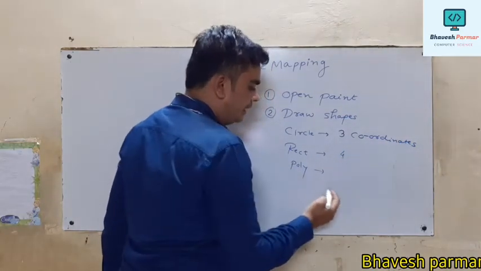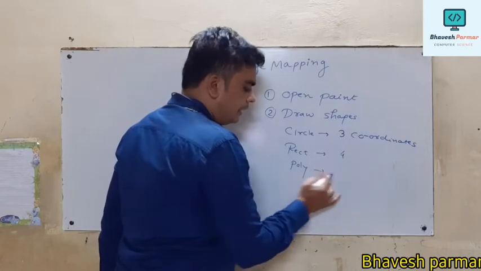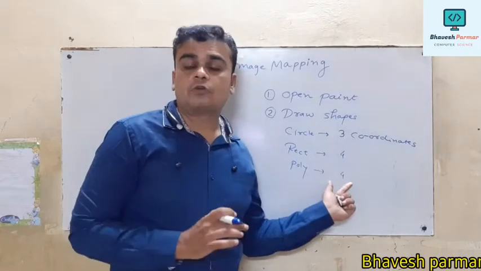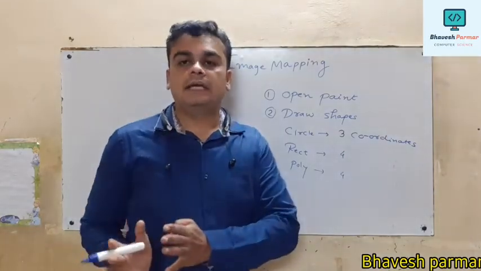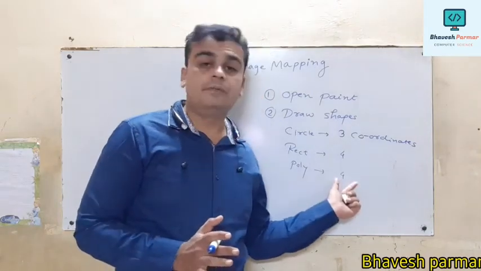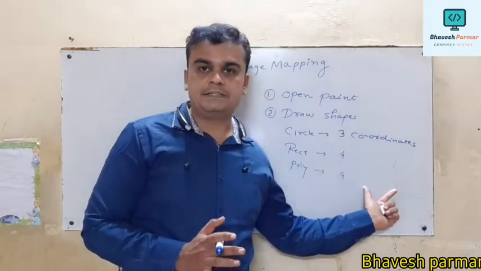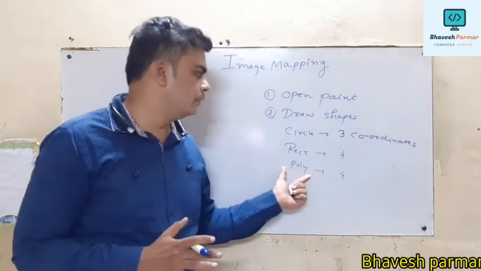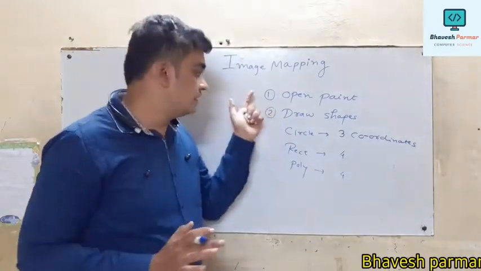Rectangle requires 4 coordinates. Polygon requires 4 coordinates. These coordinates are related with edges followed by xy pairing values. So it may consist of 8 values. So that represents polygon.